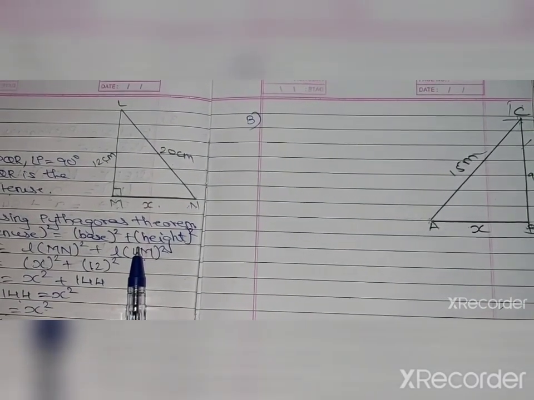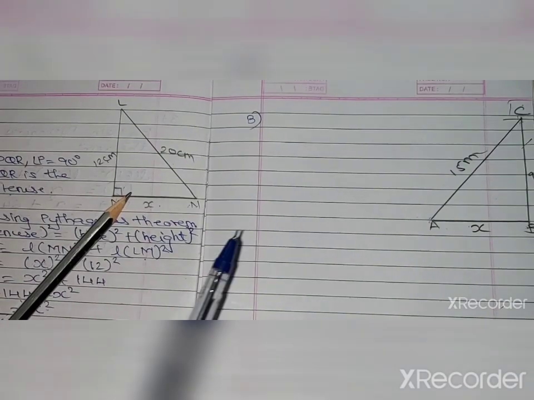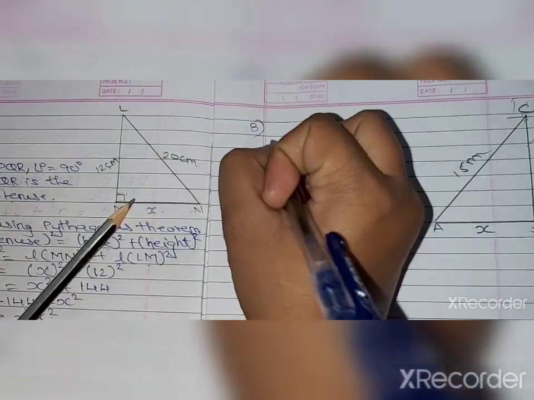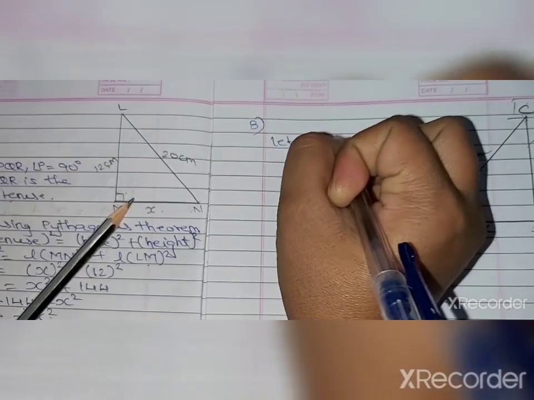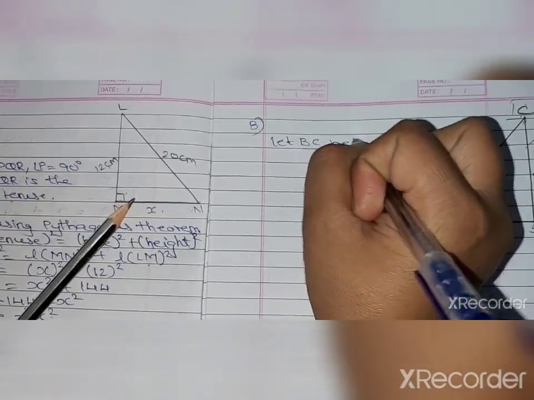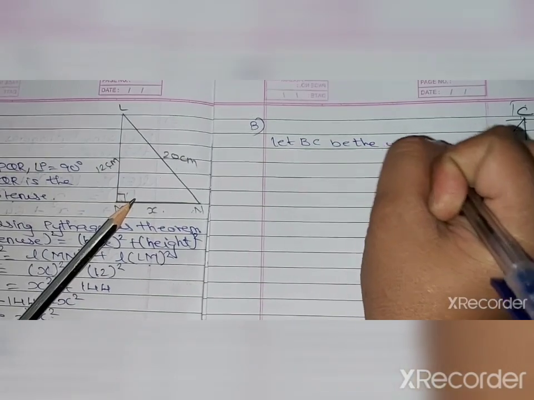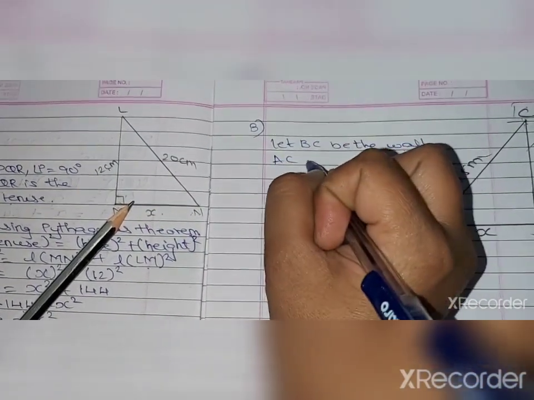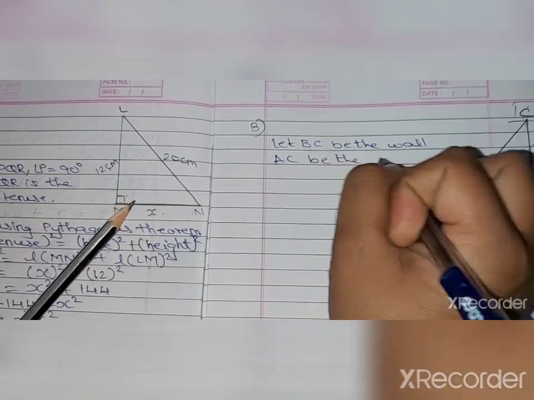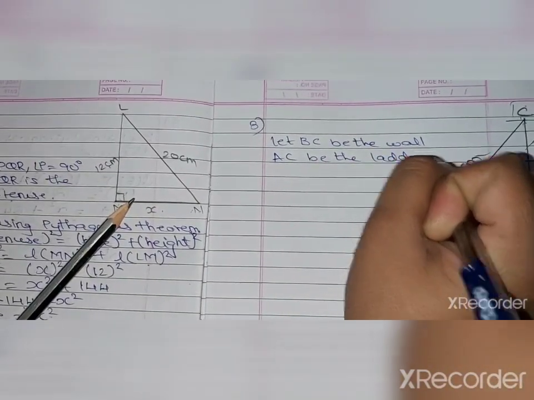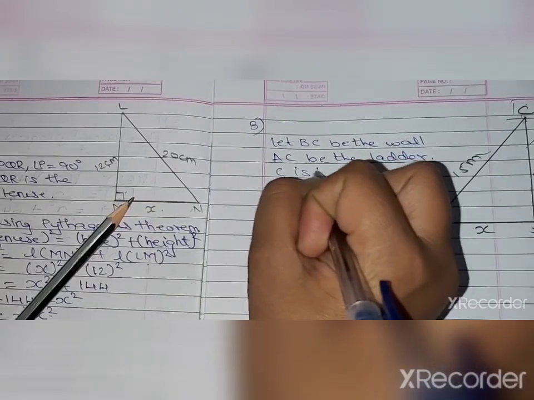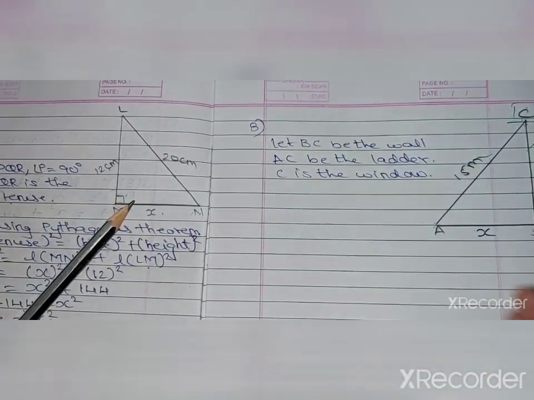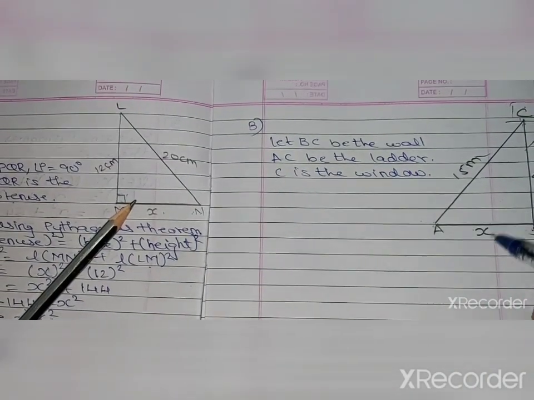Okay, we'll start with the sum. Right, let BC be the wall, AC be the ladder, C is the window. Okay, now what we have to find?